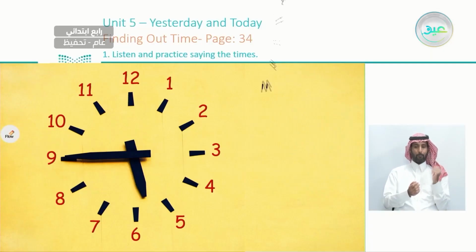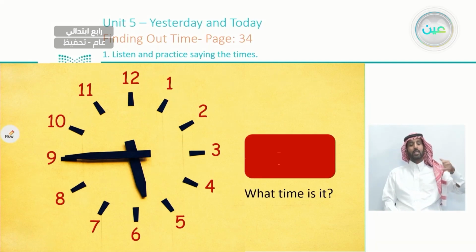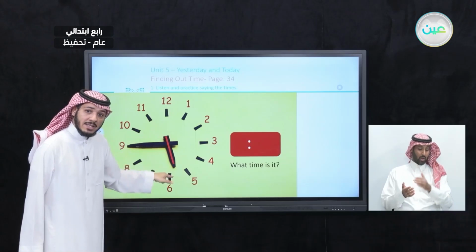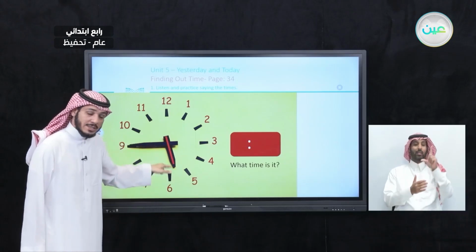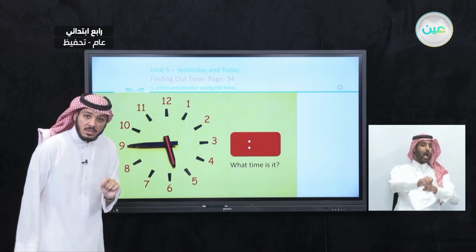Okay, now what do we have here? What time is it? The time here is 5:45. How did I say that? So now here we have this short hand. This is the short hand, and the short hand is telling us the hours.